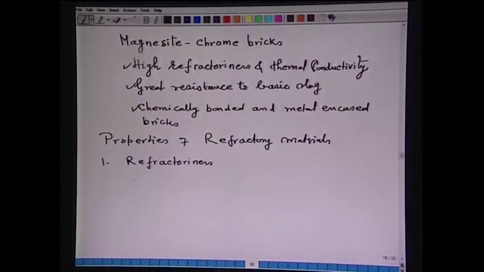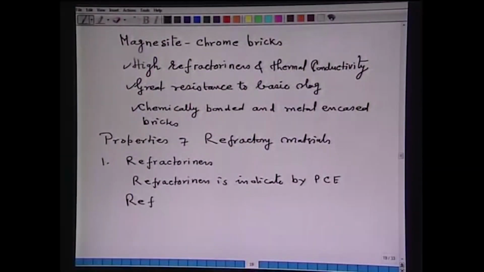It is indicated by PCE, that is pyrometric cone equivalent. Now this pyrometric cone equivalent number should be greater than the application temperature.